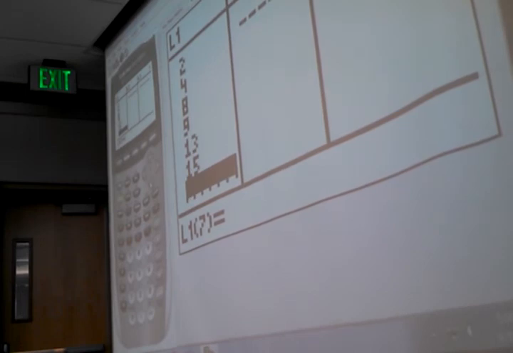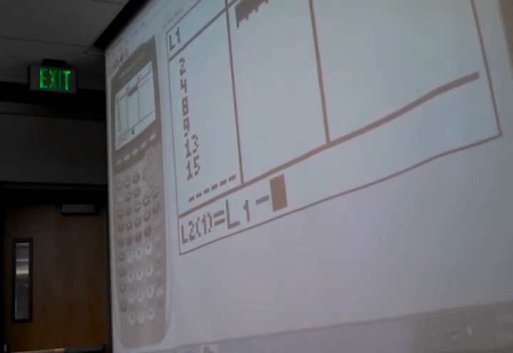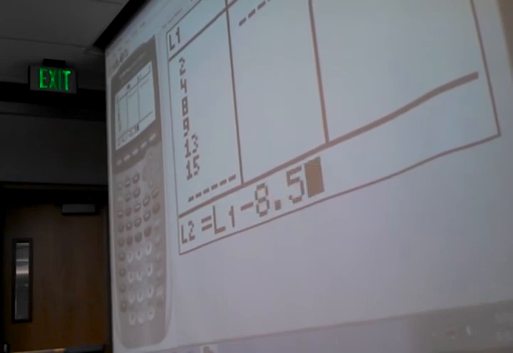So what do I want to make L2? What do I want that next column over to be? X minus the mean. Yeah. All my x's are in L1. So I want it to be x minus the mean. That's what I want list 2 to be.